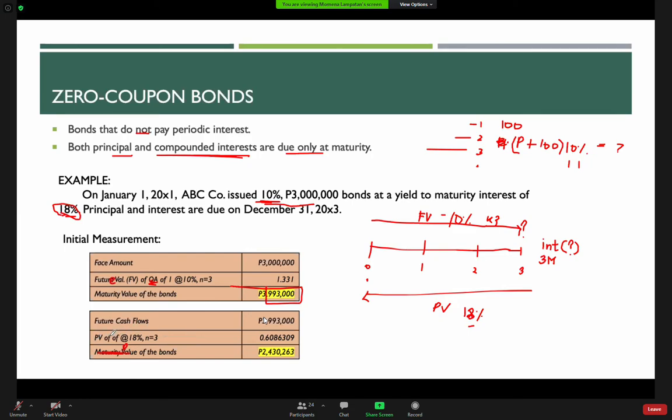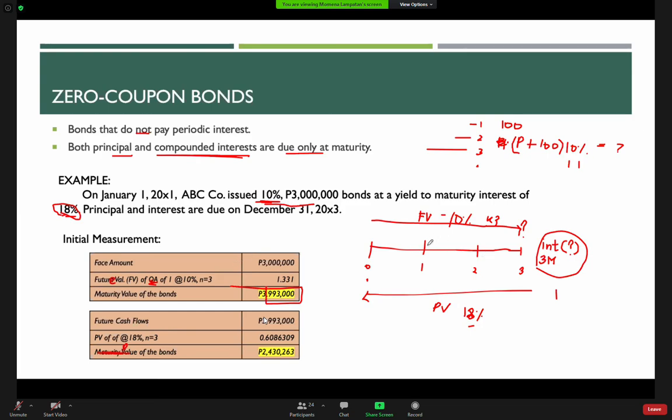Why was present value factor of 1 used? Why not ordinary annuity? Because the total amount will be paid one time. Only one time. Okay? Only on the maturity date. So, since it is one time only, PV of 1 is what you will use. When do you use the annuity? When there is periodic outflow or periodic cash flow.